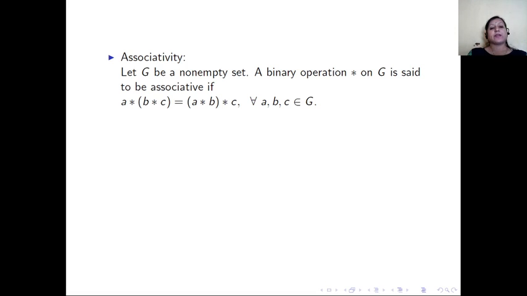Now let us see the next definition, that is associativity of operations. Let G be a non-empty set.